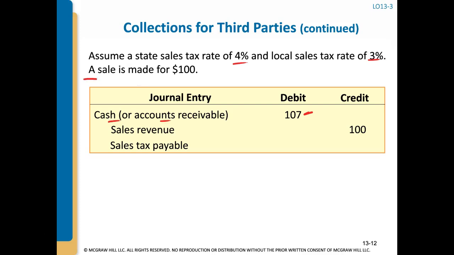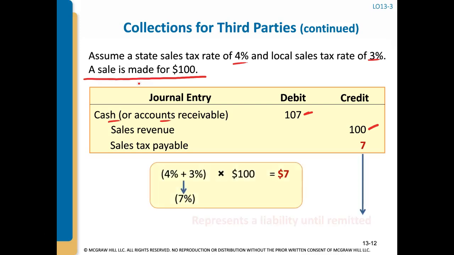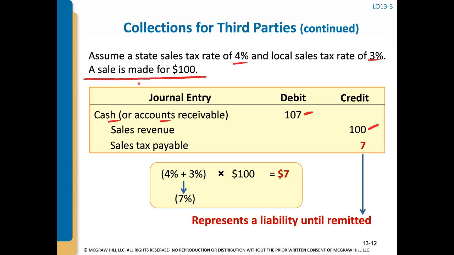But the item you sold was sold for $100, so your revenue is $100. The remaining $7, which is $100 times 7%, the company has to remit to the state and city for these sales taxes. As of right now, the company received that $7 and they have to remit it, so they record a liability called sales tax payable for $7.